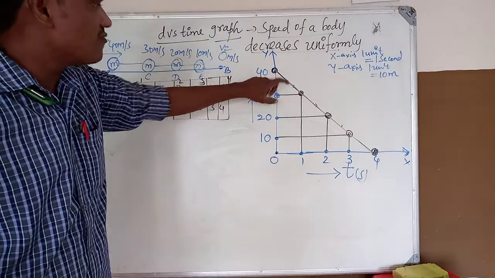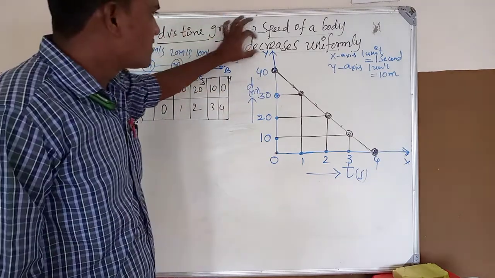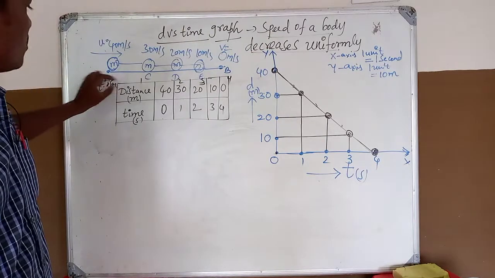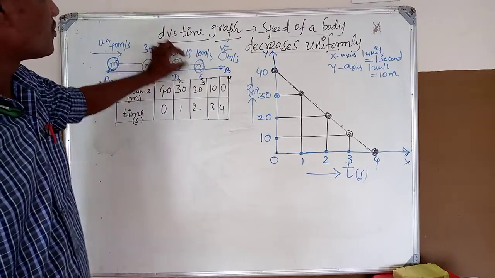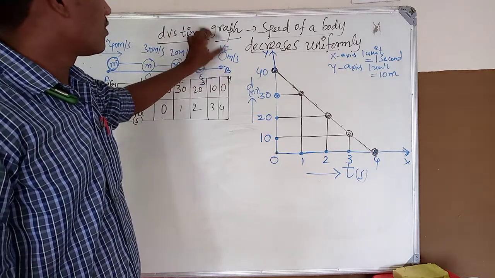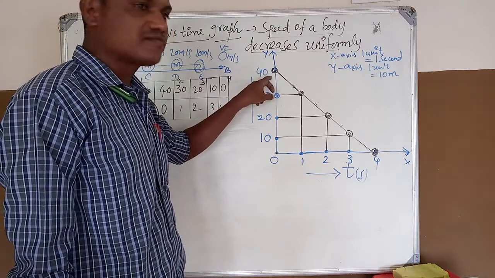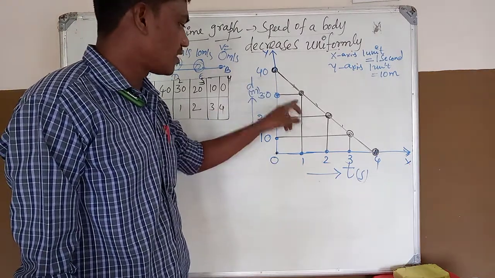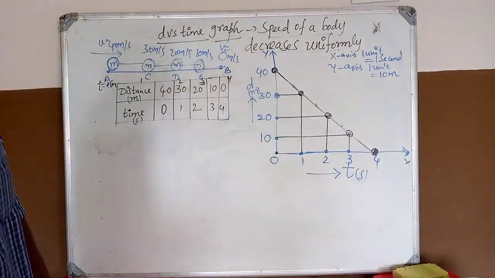So this graph represents that the speed of a body decreases uniformly. So at 0 it is 40, 1 is 30, 2 is 20, 3 is 10, 4 is 0, like that. That's why at 0, what is it? 40, 1, 30, 2, 20, 3, 10, 4, 0, finally.